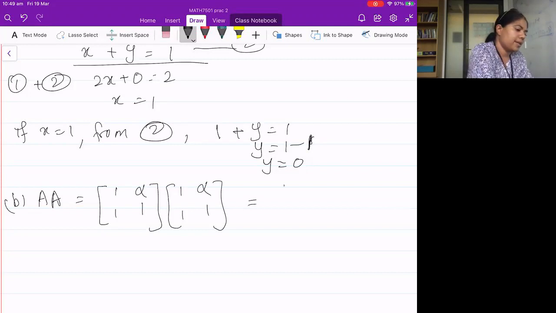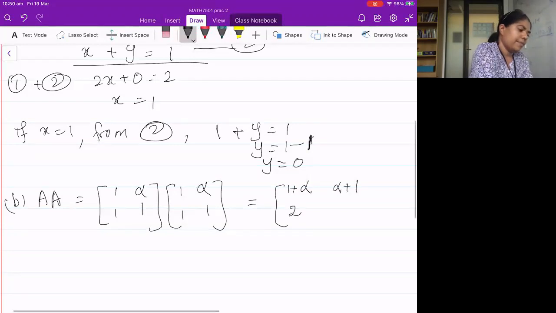I'm skipping some of the steps, but you should be able to get. So that's 1 plus alpha, that's 1 alpha plus 1, that's 2, and alpha plus 1. That's what I got.